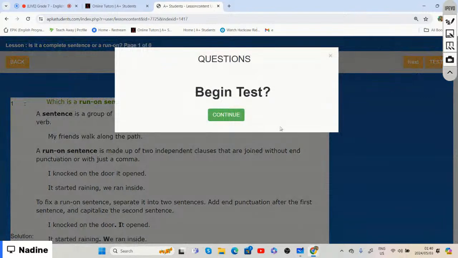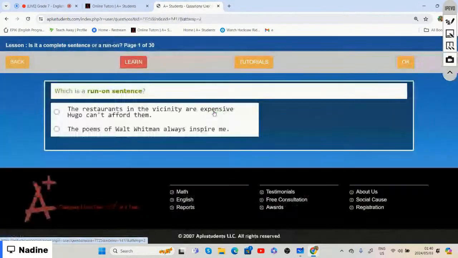All right, so now we're going to our test where we're going to say, is it a complete sentence or is it a run-on? So which is a run-on sentence? It says, the restaurants in the vicinity are expensive. Hugo can't afford them. Or the poems of Walt Whitman always inspire me.